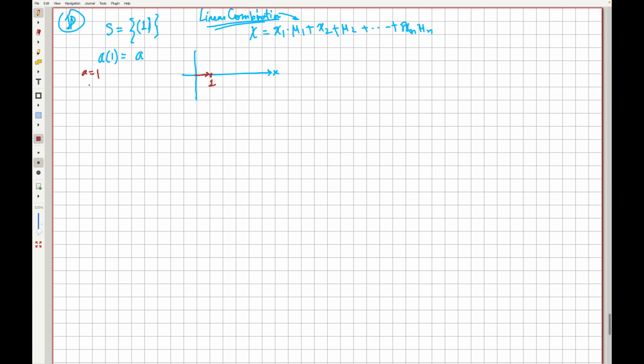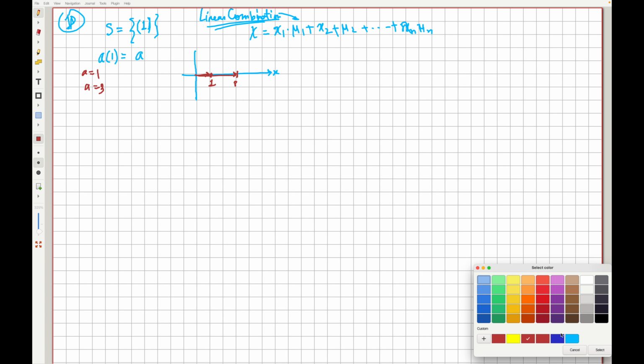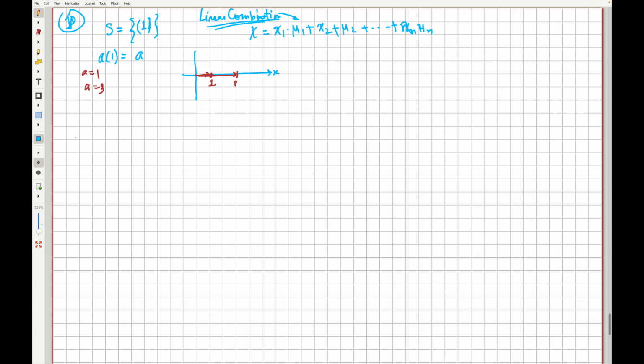If a is 3, then we could reach the point 3 on that line. So that's the idea. So what we say here is that the span of this set of basis vectors S is the entire number line, which we can denote by R to the power 1.